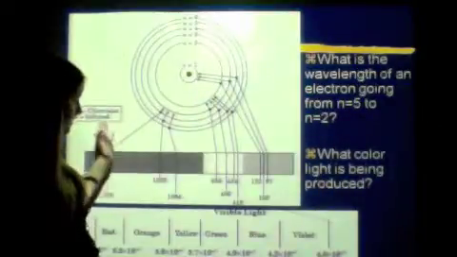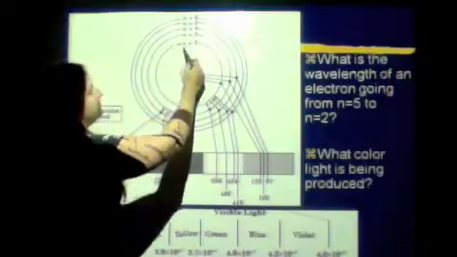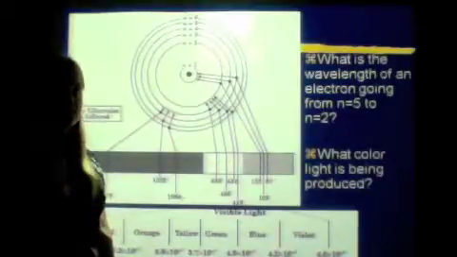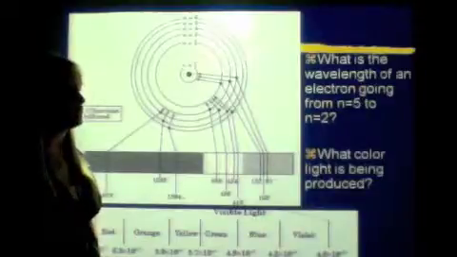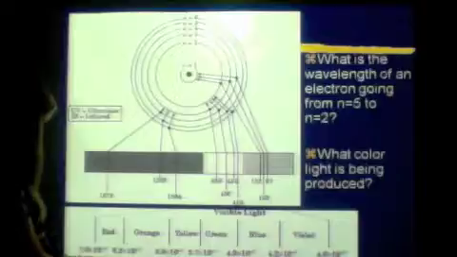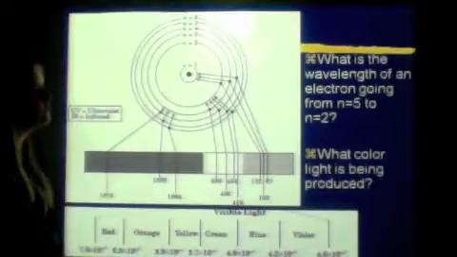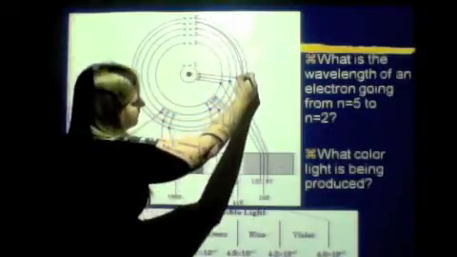You have a diagram here that has a bunch of circles. Here you should see n equals 6 all the way to n equals 1. The n represents energy level. This question is asking, what's the wavelength produced when it goes from n equals 5 to n equals 2? First find where n equals 5 is, right here.